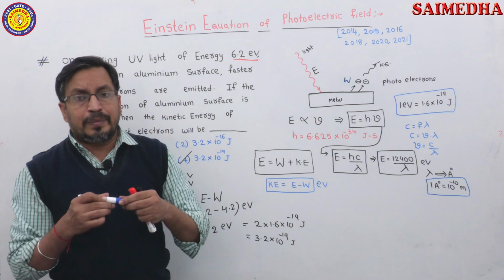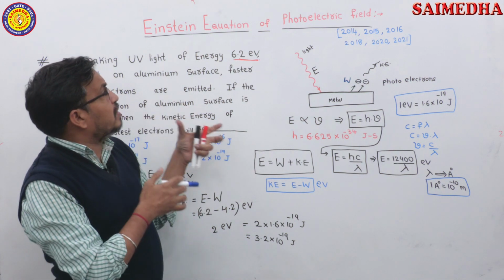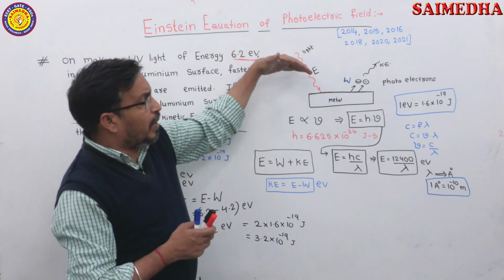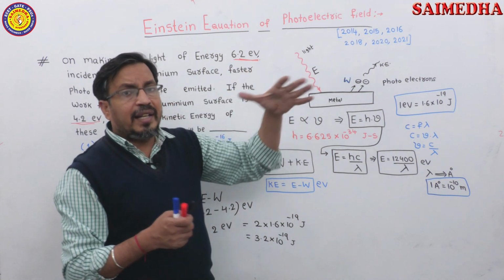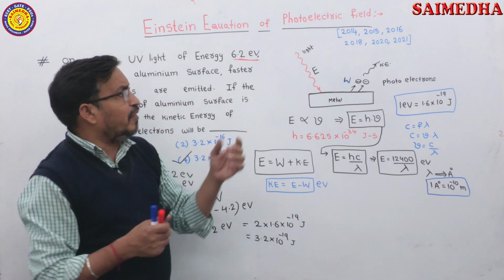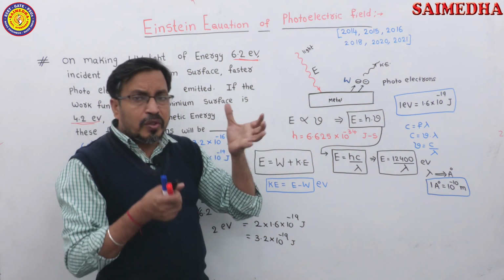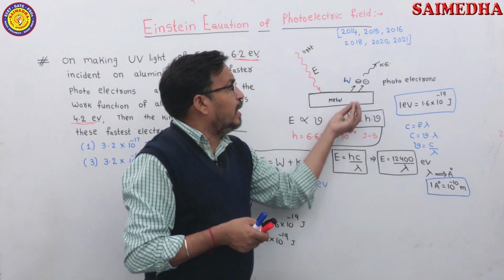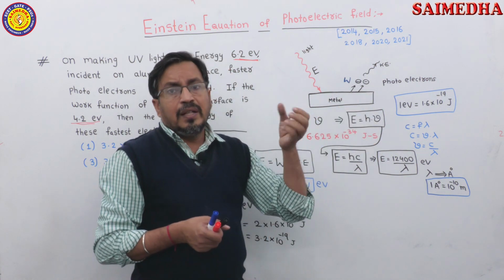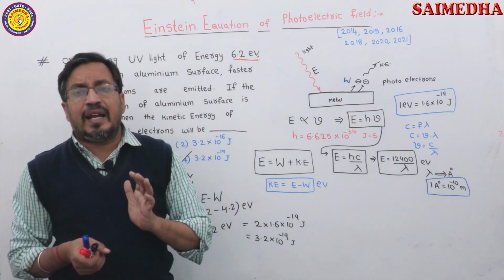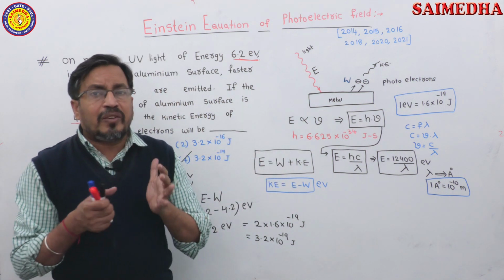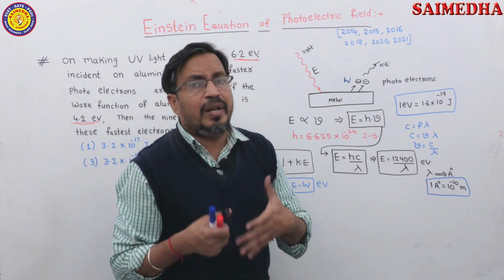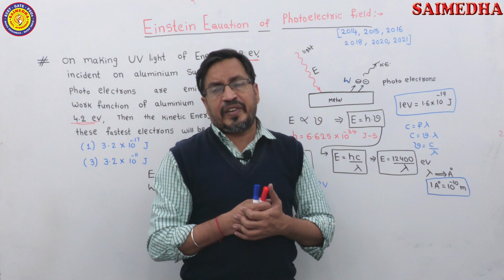So once again I am telling what the Einstein equation is. When light is incident on a metal surface, that light carries energy, which we represent as E. In that energy, some energy is required to emit the electrons from the metal. That energy we represent as the work function, the minimum amount of energy to emit electrons from the metal surface.